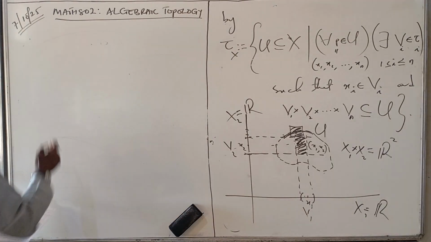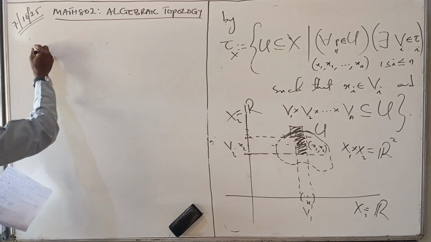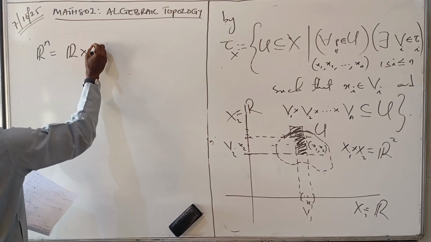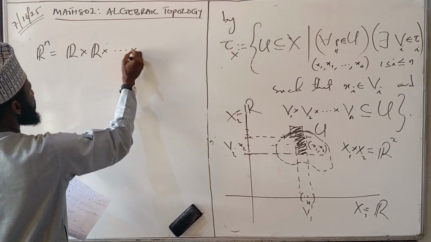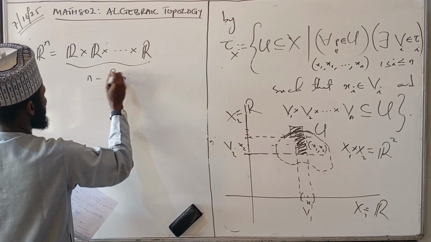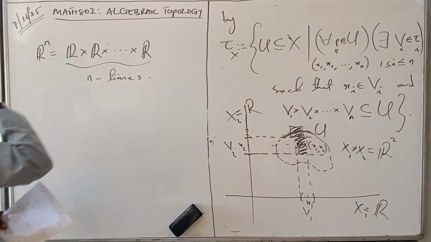And generally, Rn will be R cross R cross R, n times.